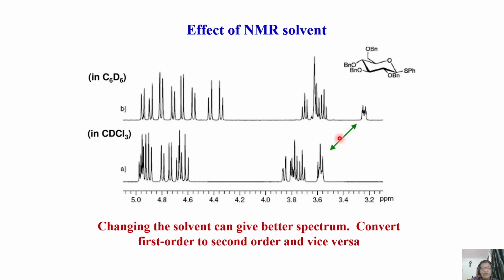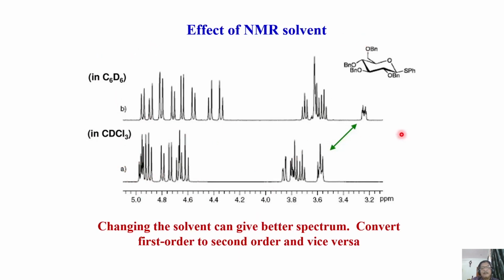What is the meaning of that? Here, what is happening in the chloroform? The spectrum gets crowded, and sometimes the chemical shifts become so small in difference, and then I'll tell you what is second order and first order. In benzene, it will become more like a first order spectrum to analyze, whereas the other was a second order spectrum to analyze.